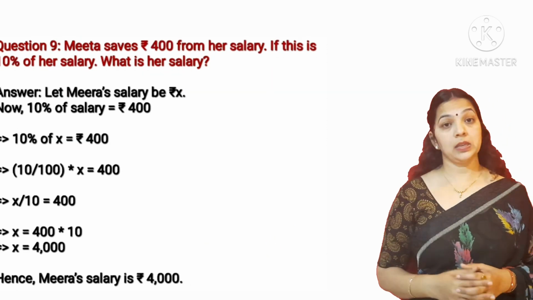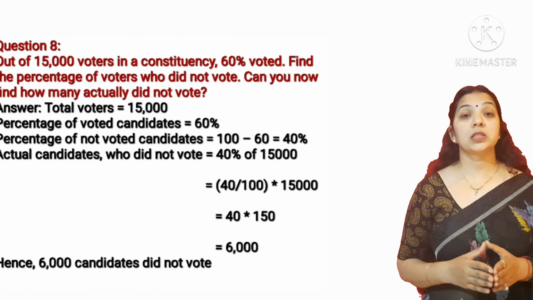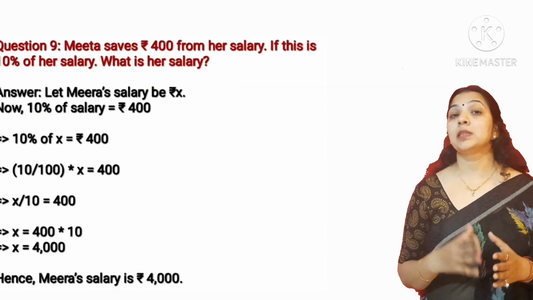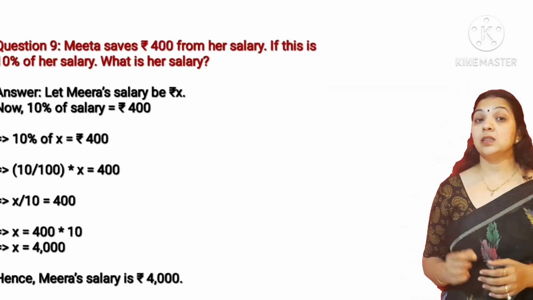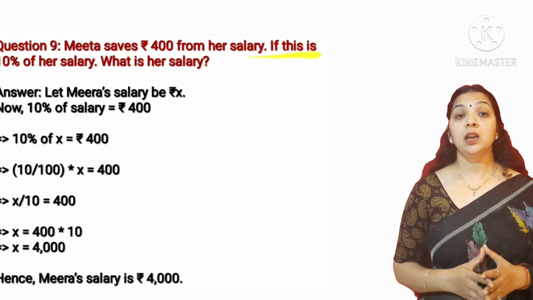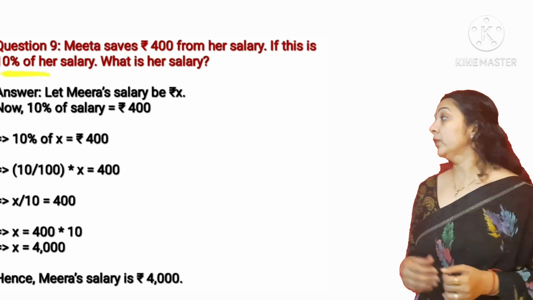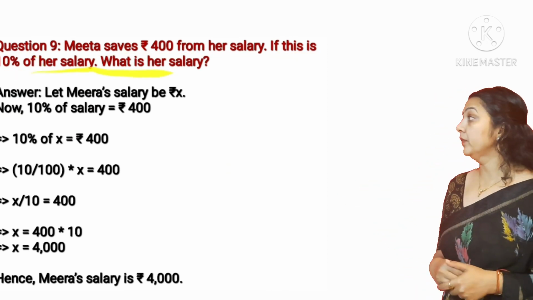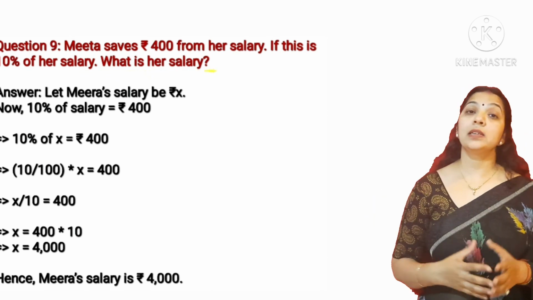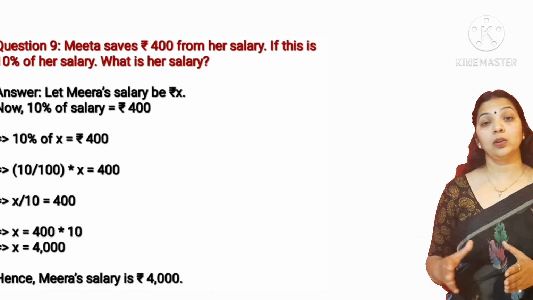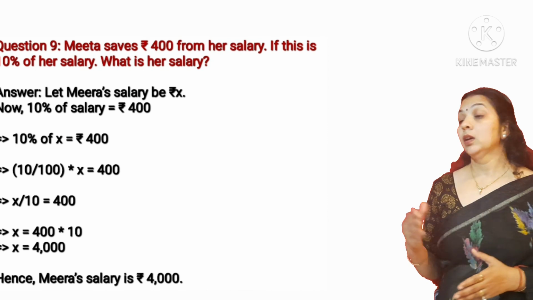Now the next question. Meeta saves rupees 400 from her salary. If this is 10% of her salary, what is her salary? Now how much money she saved is 400. So let us consider that the total salary of Meeta is x.